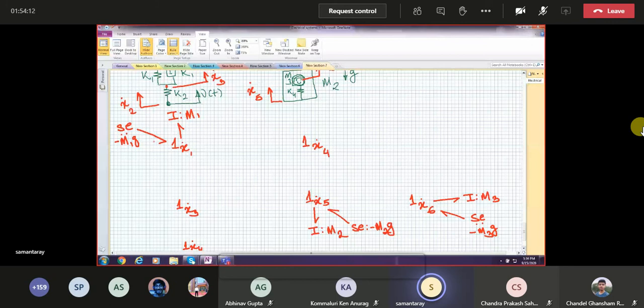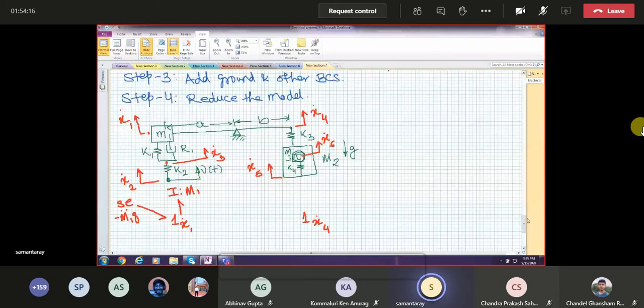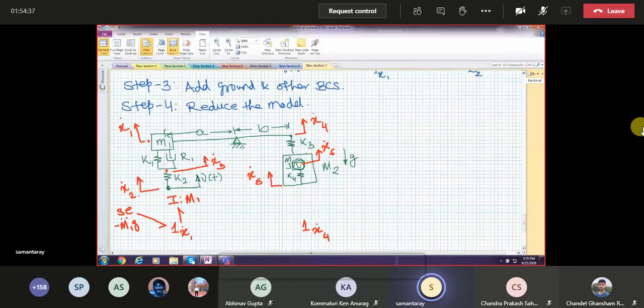Now what do we have? We have x3 dot minus x2 dot. Between x3 dot and x2 dot, spring K2 is connected. So we will take either x3 dot minus x2 dot or x2 dot minus x3 dot, it doesn't matter. If you take x3 dot minus x2 dot as our coordinate, that means if the value is positive, then the spring is under tension.